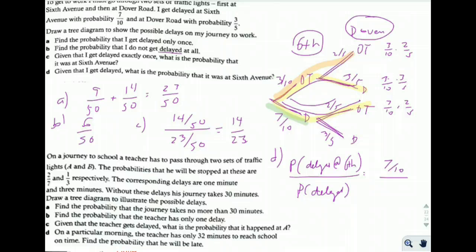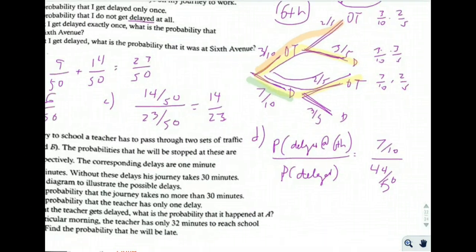So the inverse of that would be 44 over 50. So 7/10 divided by 44 over 50 is equal to 35 over 44.